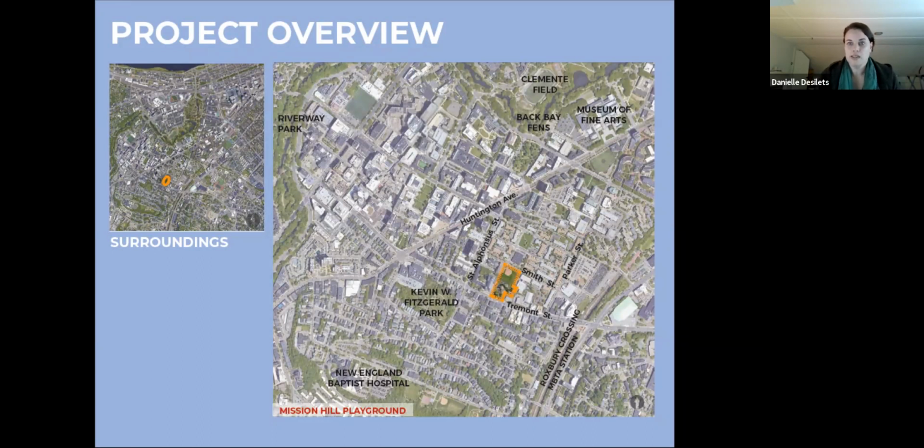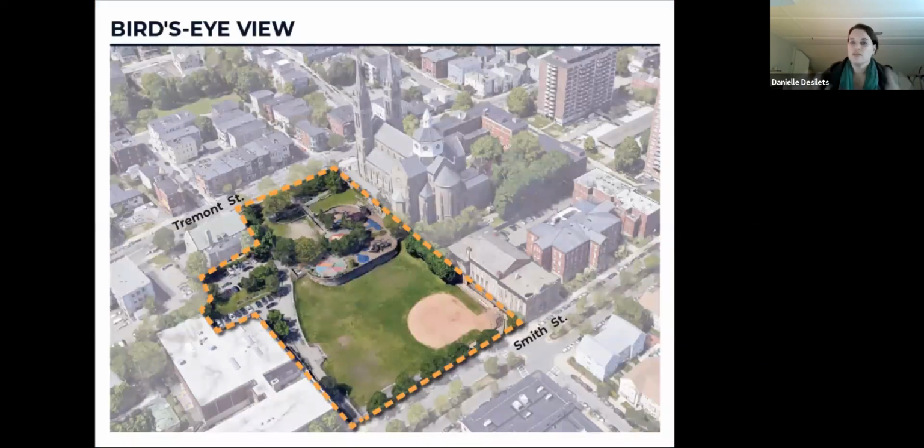And next slide, Kyle. So we'd like to give a few different perspectives because we know not everyone's used to looking at aerial images or the plans that we work with. So I want to make sure that you can all understand what we're talking about and get some relevance. So this image here is actually a bird's eye view, kind of spun around from what we looked at before.